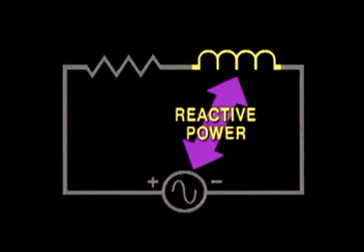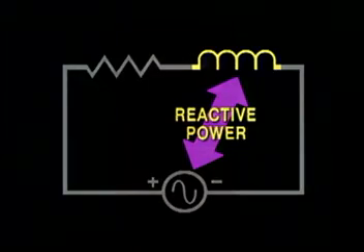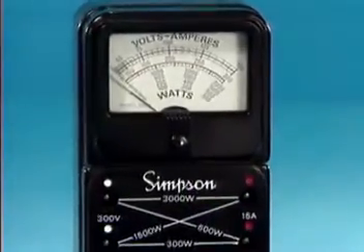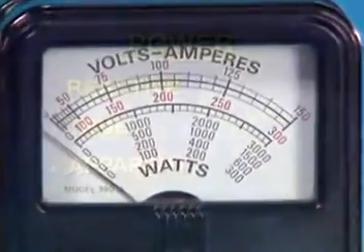But from a practical standpoint, many AC loads contain both resistive and reactive elements. True power calculations take both of these elements into account, and so are somewhat more complex than simple resistive power calculations. A wattmeter can be used to measure true power.